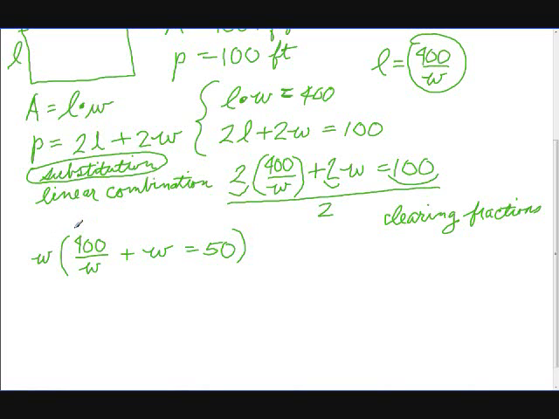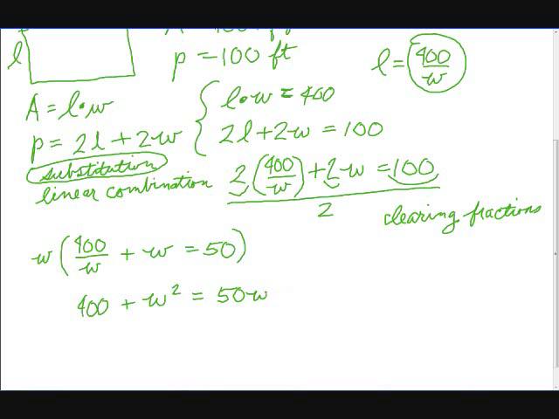So this W is going to be multiplied times each term and on both sides. When I multiply this first one by W, I'm going to get 400. When I multiply this next one by W, I'm going to get W squared. And when I multiply this one by W, I get 50W.